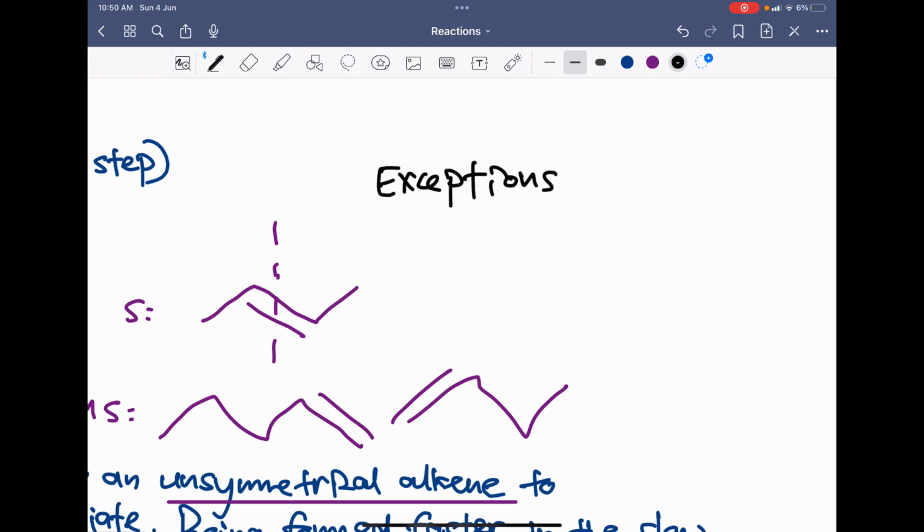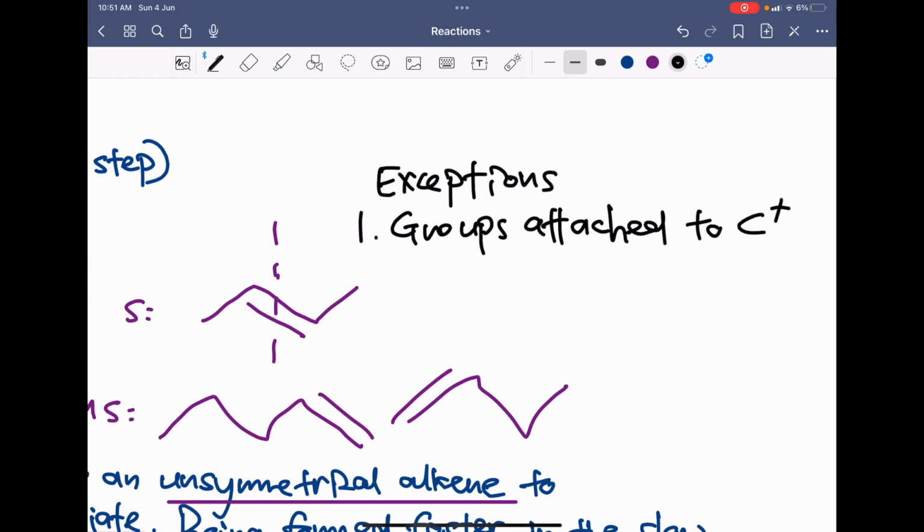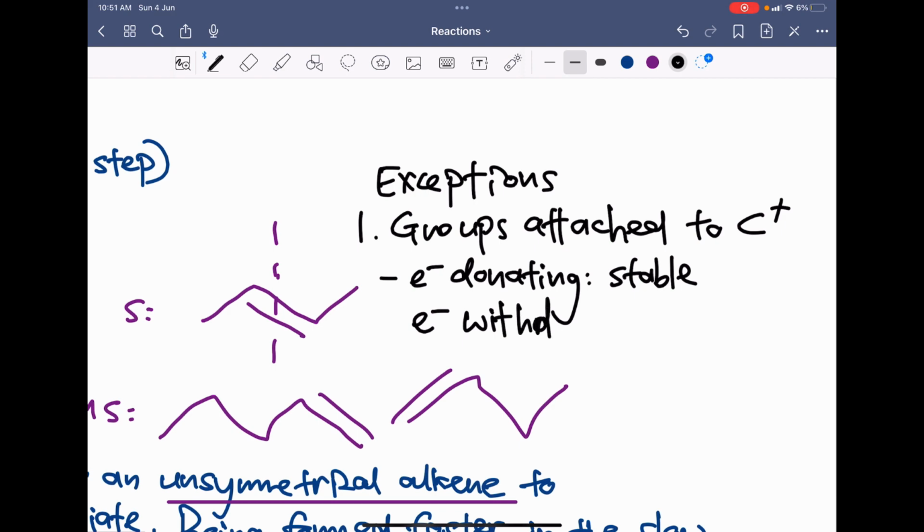The first one is the groups attached to the carbocation intermediate. If you have electron donating groups, this will make the carbocation more stable, and hence you form the major product. And if it's electron withdrawing, your carbocation is less stable, so minor product.